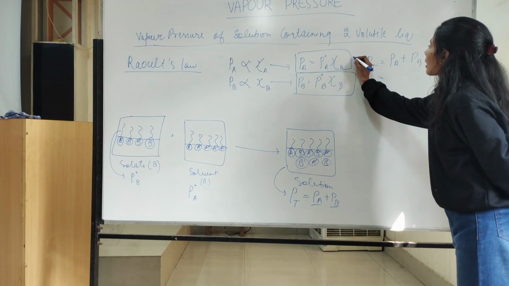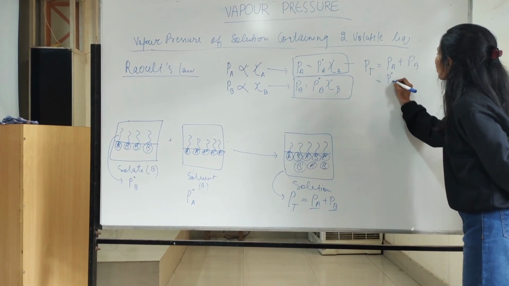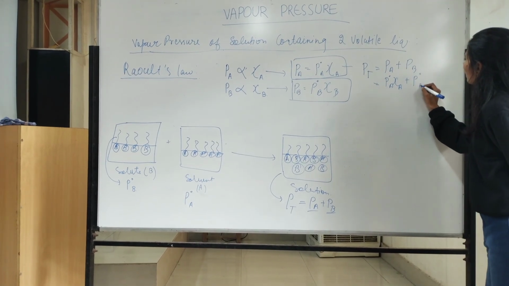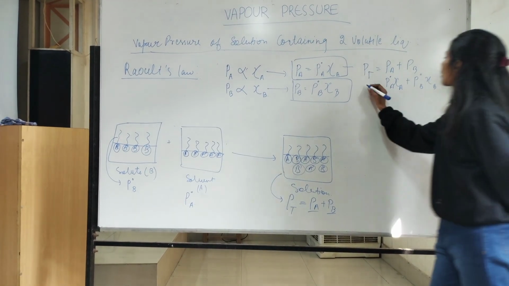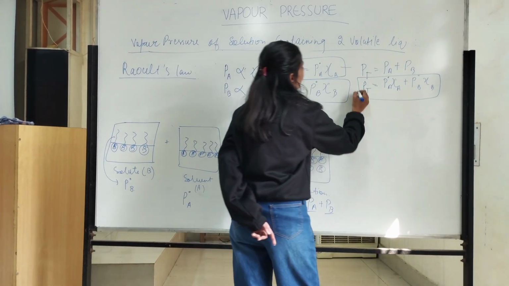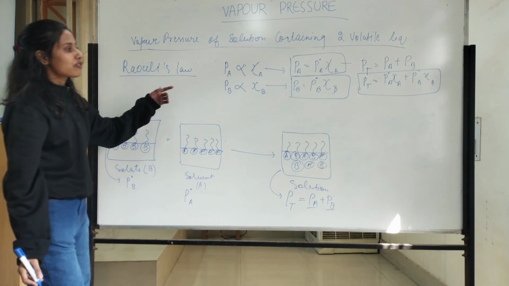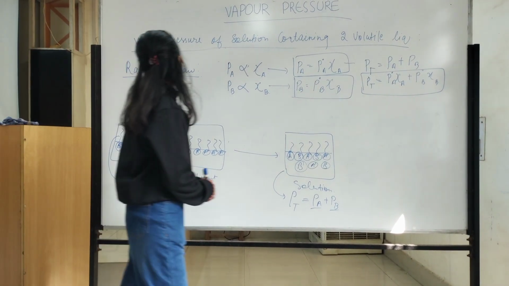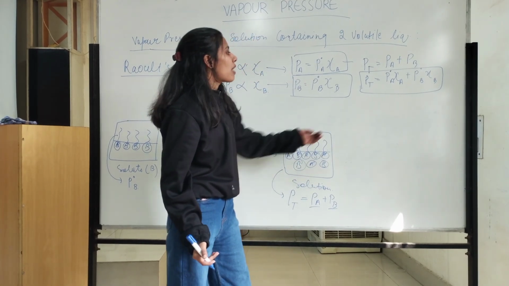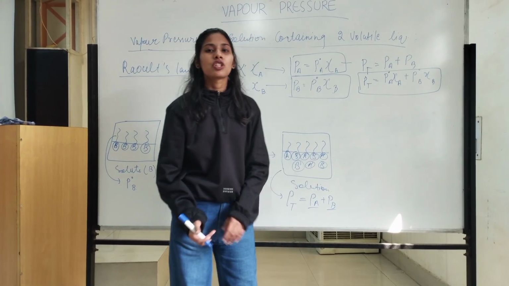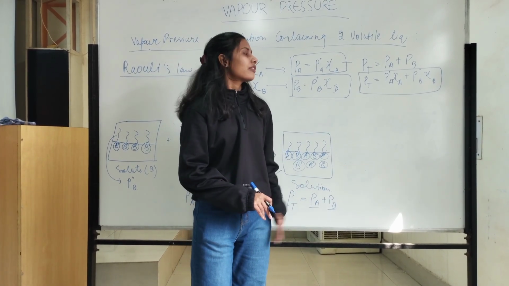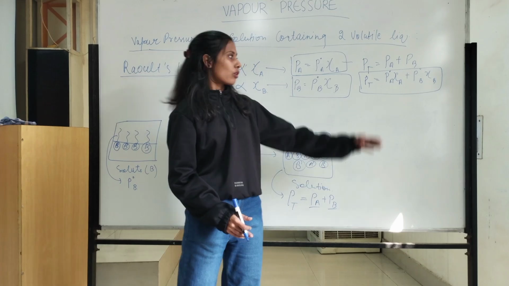For PA we can write P naught A mole fraction of A plus P naught B mole fraction of B. So this is the final expression by which we can easily calculate the vapor pressure of solution. So that's it about the vapor pressure of a solution containing two volatile liquids. By this formula we can easily calculate the vapor pressure of any solution containing two volatile liquids. And after that we will do a numerical problem based on this concept.